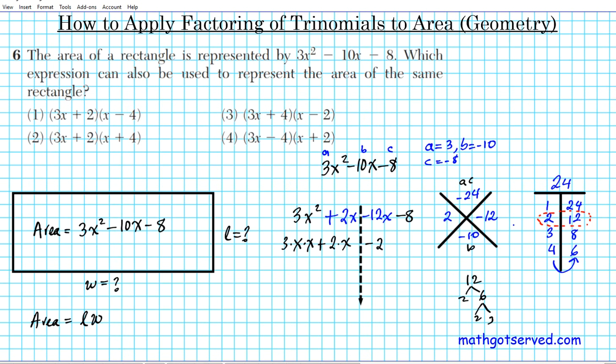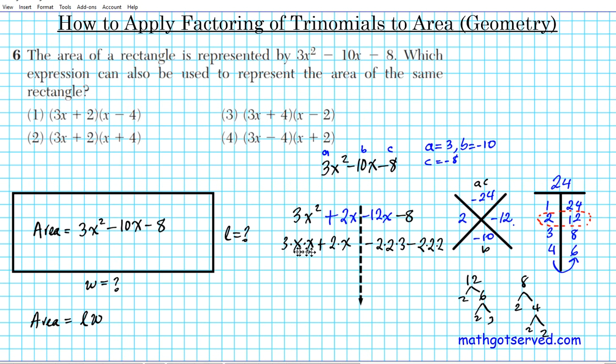So it's 2 times 2 times 3. And then if you break down 8 into a product of factors, 2 times 4, and 4 is 2 times 2. So it's 2 times 2 times 2. Alrighty? Okay.